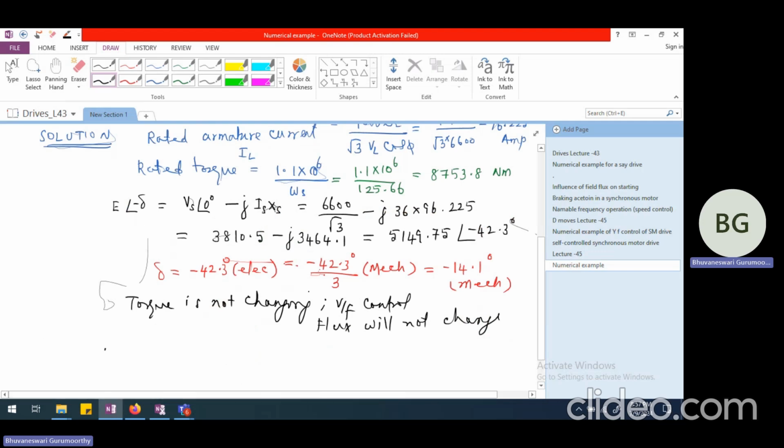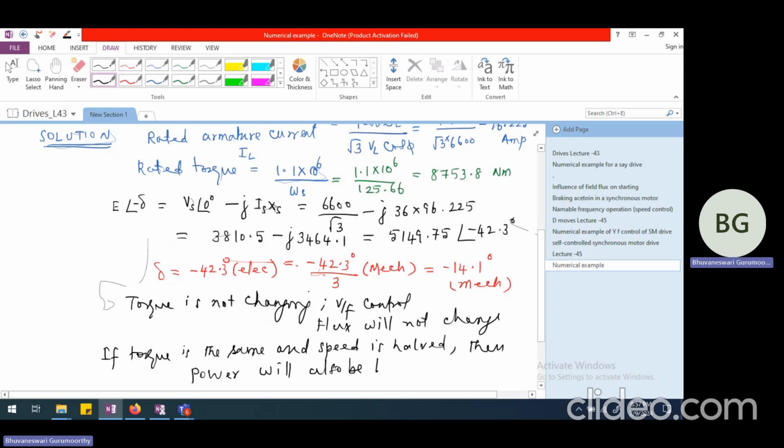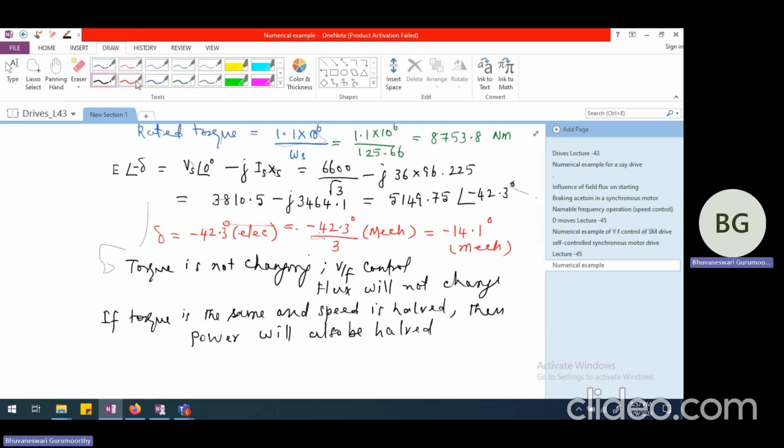So if torque is the same and speed is halved, then power will also be halved. So we are going to have the frequency.